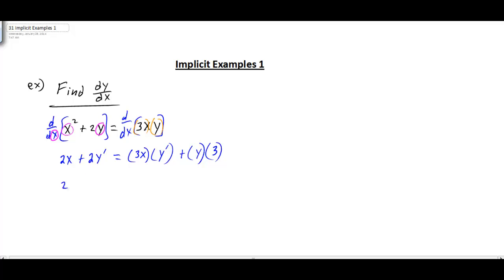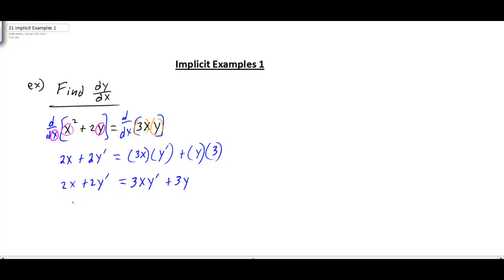Okay, so if we simplify this, we would have 2x plus 2y prime. And I'm just going to rewrite this a little bit. We would have 3x y prime plus 3y. And now if you recall, we want to collect our y prime terms to one side.